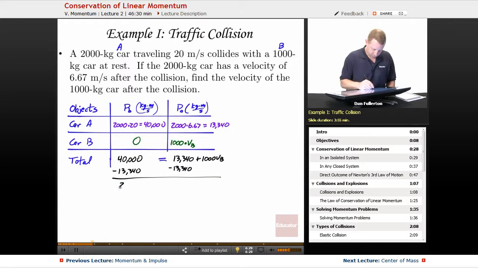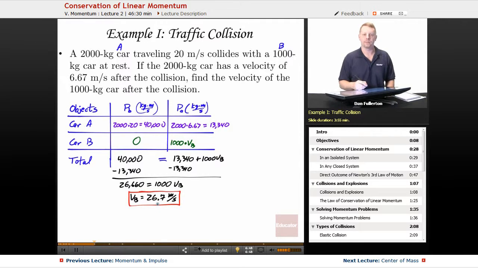And I have that 26,660 must equal 1,000 VB. Therefore, VB must equal 26.7 meters per second. So there's the velocity of car B after the collision, applying the law of conservation of linear momentum.